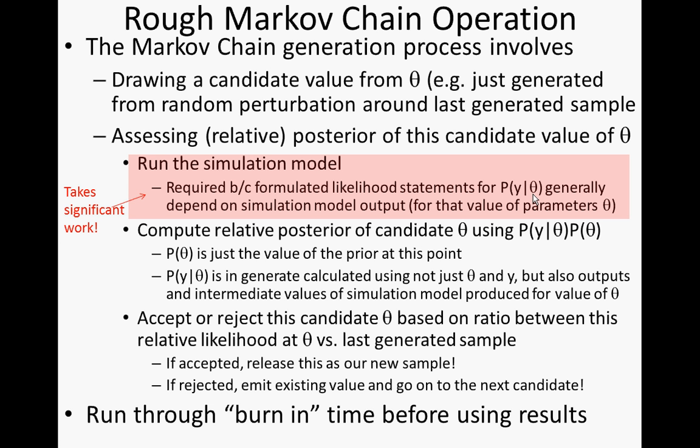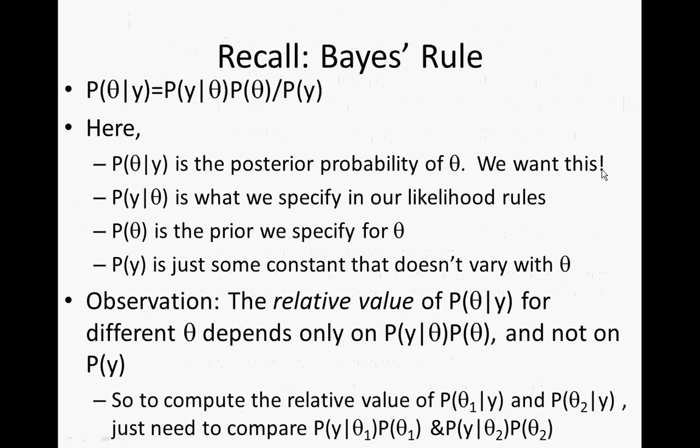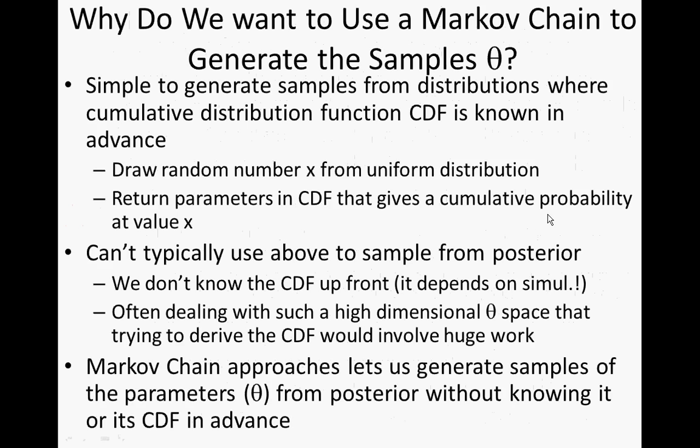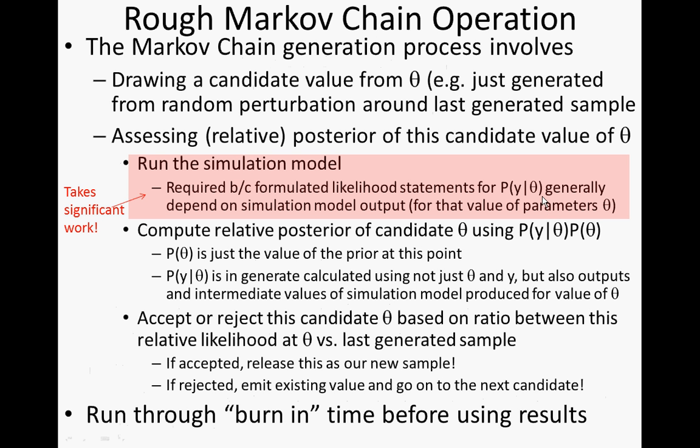And given some representation of the underlying incidence for week 2, as specified by running the simulation model on the particular parameter values, now we could formulate the relative likelihood.